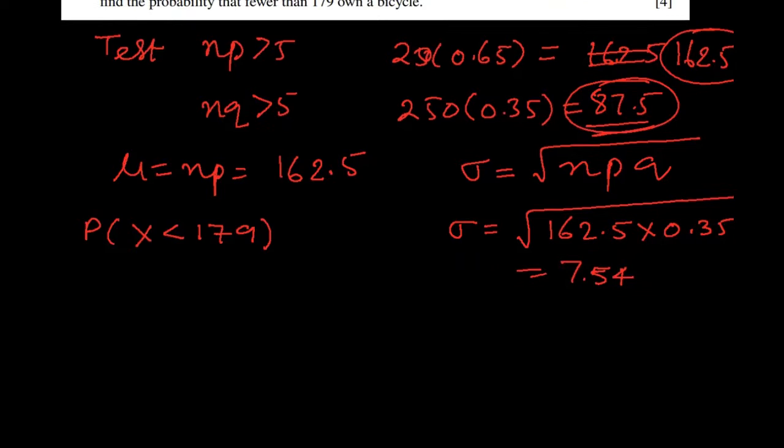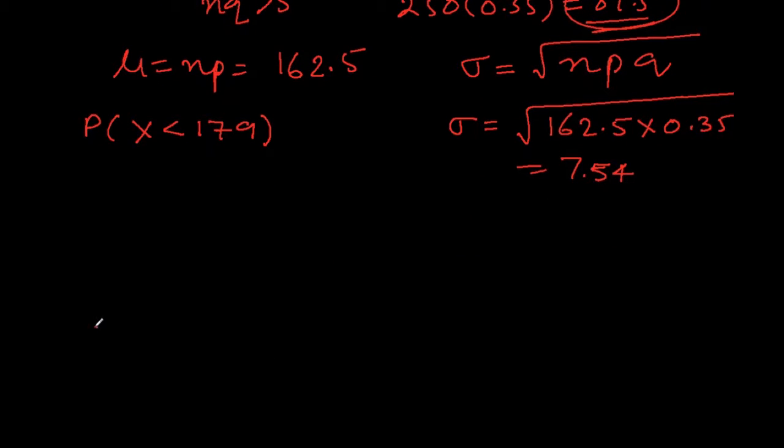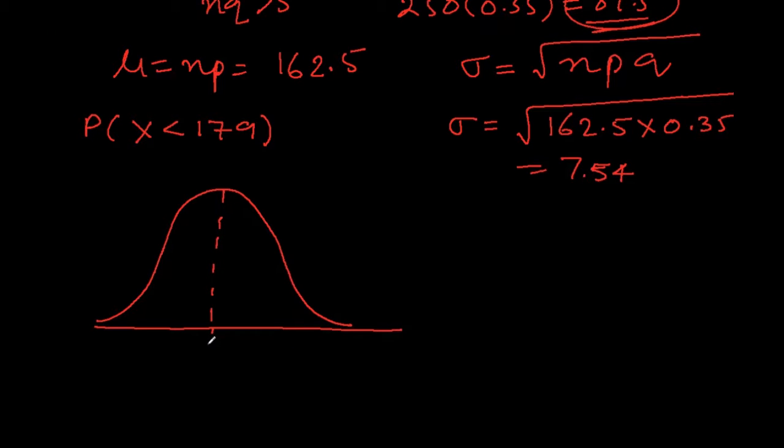Okay, so let's try to draw the situation first. This is the normal distribution curve. The mean is 162.5. Standard deviation is 7.54. 179 will definitely be above this here.